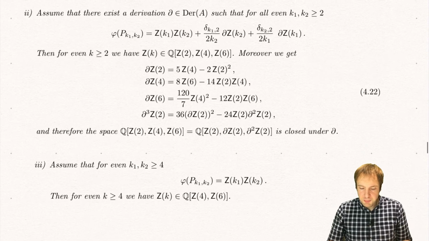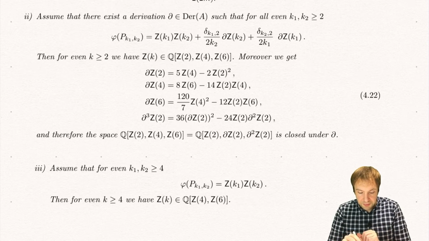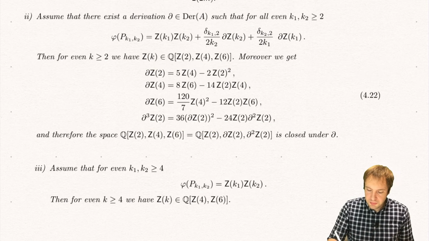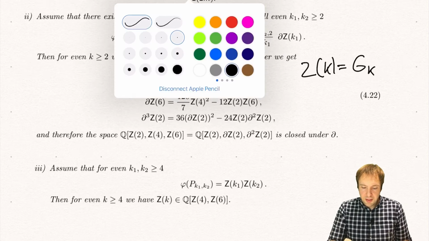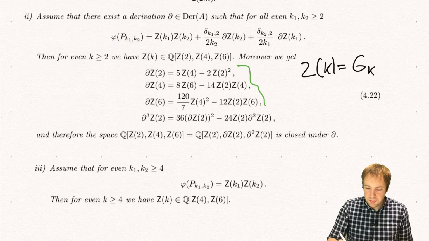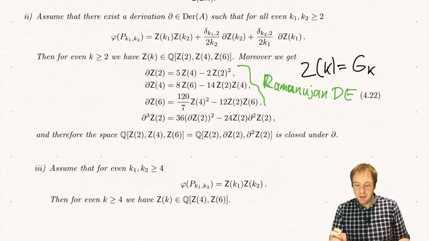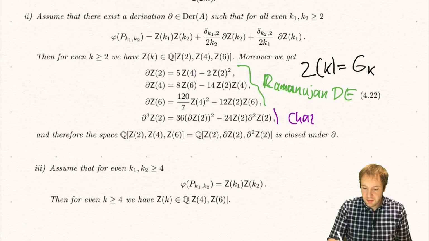But people familiar with modular forms, or also what you did in your exercises, know that these differential equations are also true if z_k are given by the Eisenstein series. And these are usually called the Ramanujan differential equations, and this here is often called the Chazy equation.